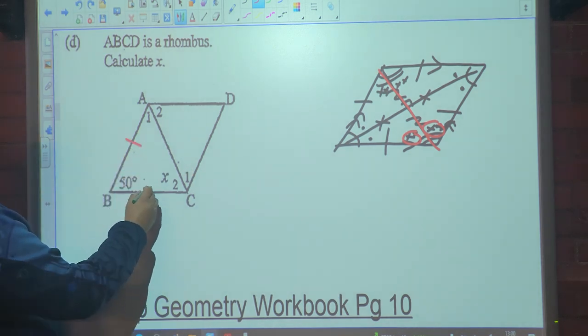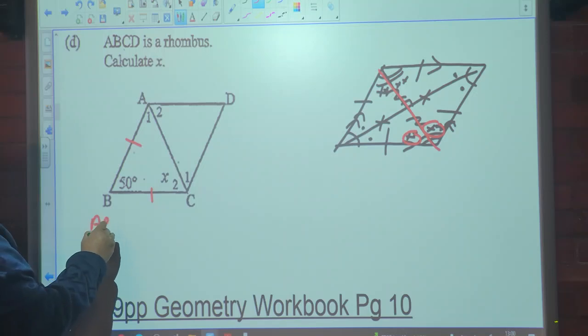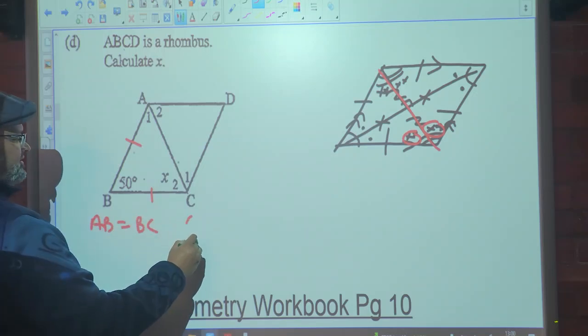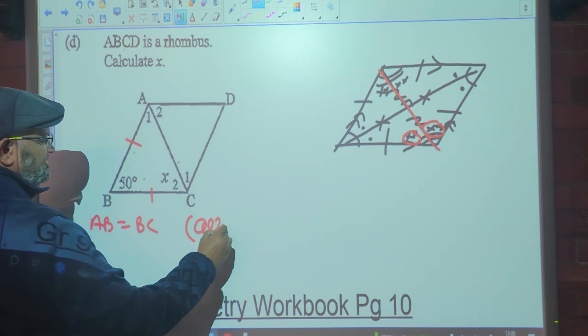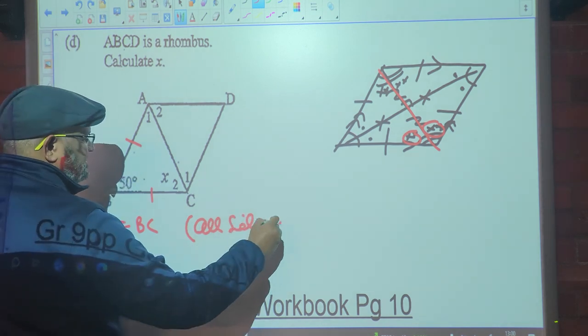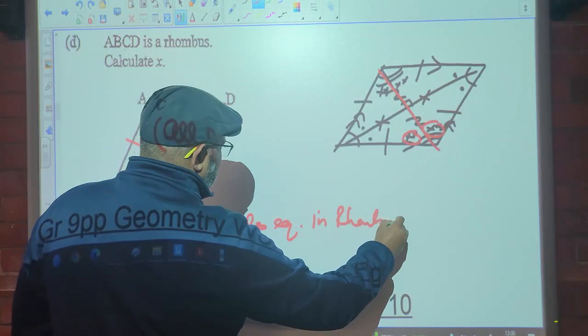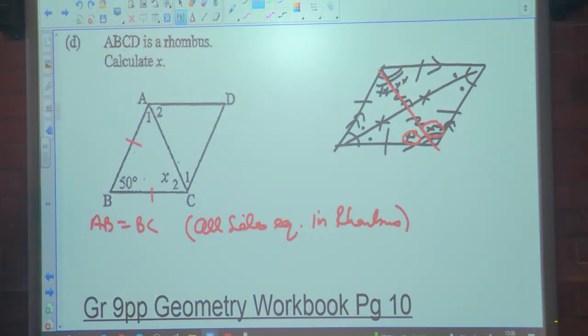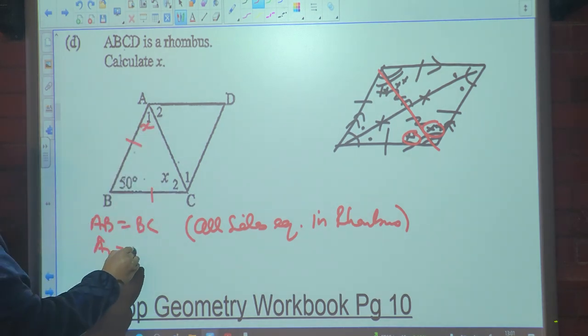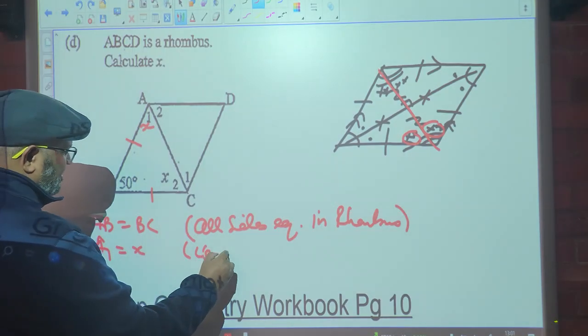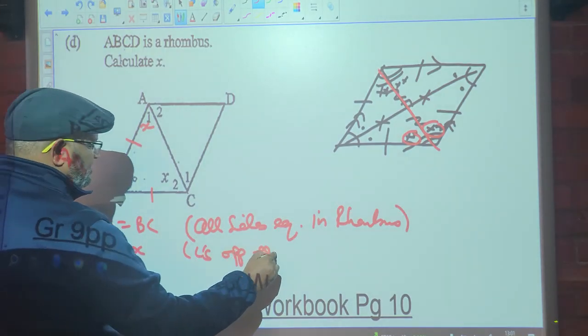So firstly, we know that AB is equal to BC. Why? Because all sides equal in a rhombus. Okay. Now, A1 is x. Why is A1 x? Angles opposite equal sides.